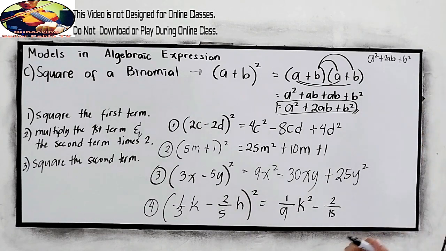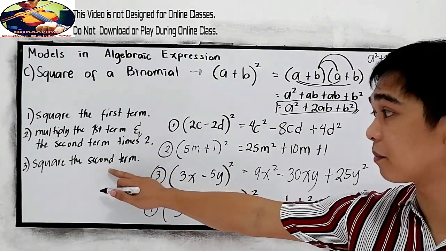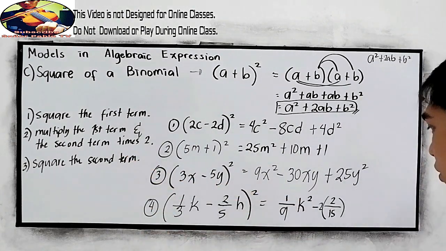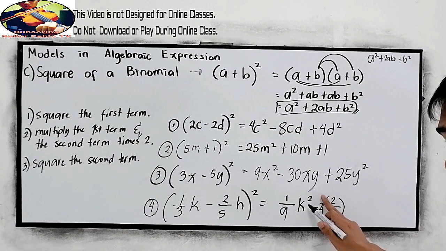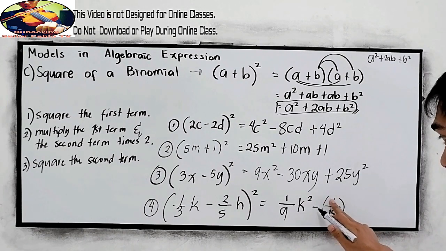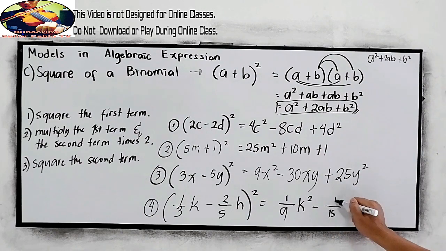But don't forget to multiply it by 2, because we have times 2. So if we're going to simplify this, 2 will be cancelled out. So this will give us 1 over 15, and the variable is kh.